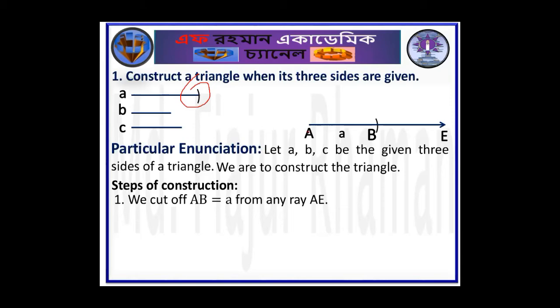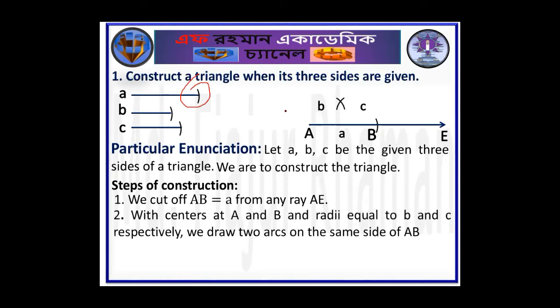And then second step, with centers at the points A and B and radii equal to B and C respectively, we draw two arcs on the same side of AB. So see the second step. This can also be written separately. You may write here, with center at the point A and radius equal to B, we draw an arc on any side of AB, or on the above side of AB.